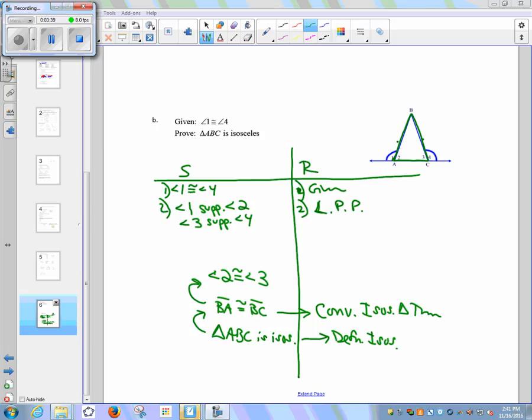Well, if 1 is supplementary to 2, and 3 is supplementary to 4, and we know 1 and 4 are congruent, yep, then we could go straight to this. 2 is congruent to 3 by congruent supplements theorem. And then we're done, right? Yep. Question?